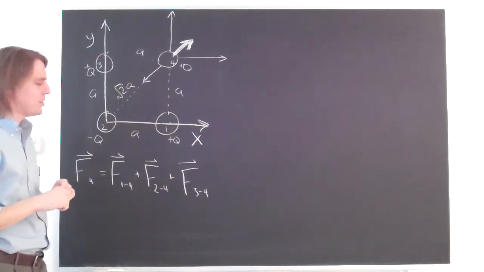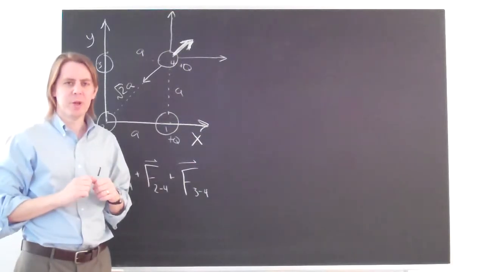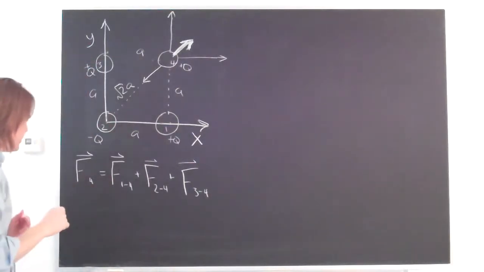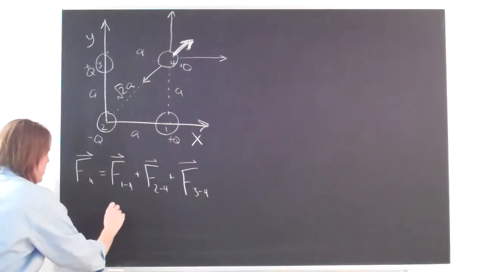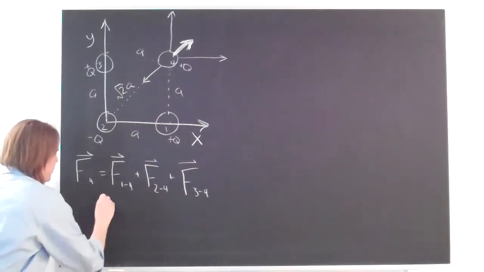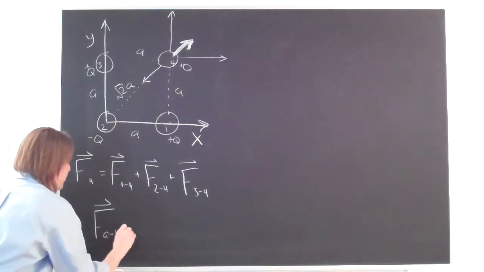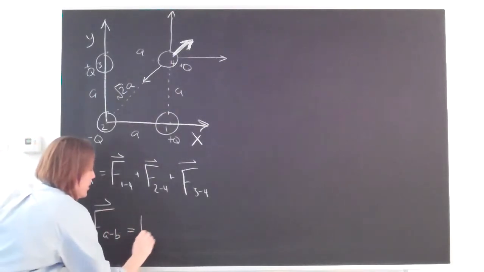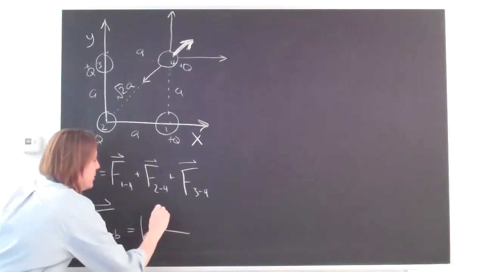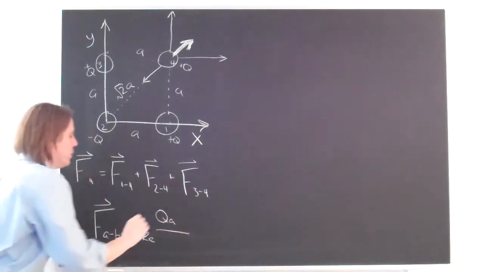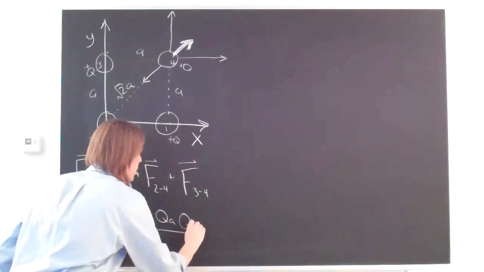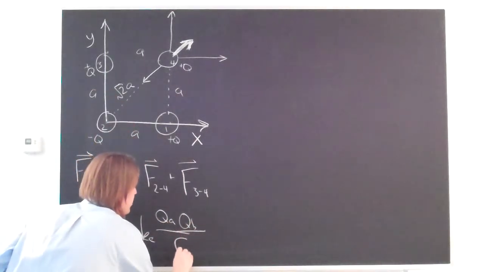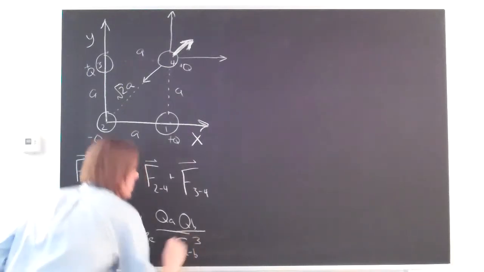So sometimes inspection bothers people, and you can do these problems without inspection. The key is to write Coulomb's law this way. The force between A and B, any 2 charges, is still Coulomb's constant Ke times the charge of one times the charge of the other, but over the separation between them cubed.